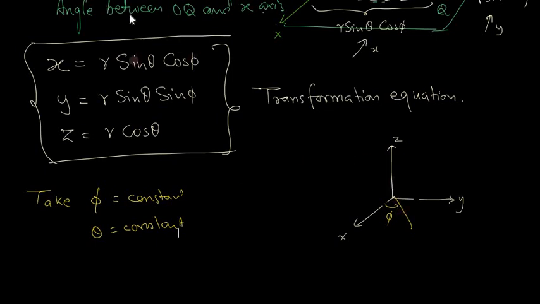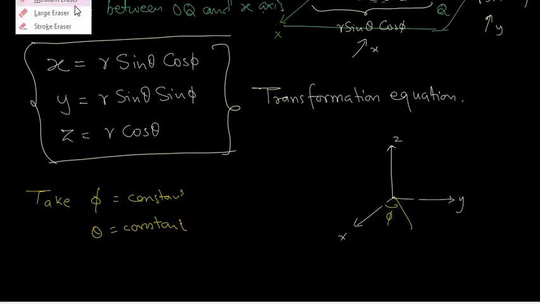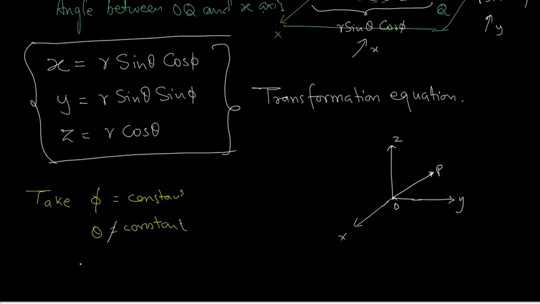In general, if you fix a particular theta and phi, then you have a line in this coordinate system. So this is your O, this is your P position, and this is a line. Now theta is not a constant, then theta can vary from here to somewhere.